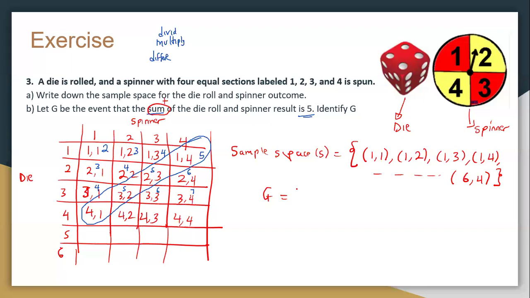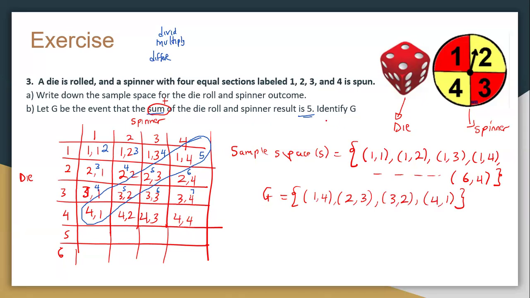So here, our event, whereby the sum is equal to 5, means that we shall have pairs such as 1, 4. We shall have pairs such as 2, 3. We shall have a pair such as 3, 2. And we shall have a pair 4, 1. So when you add all these, you'll be getting our sum as 5.